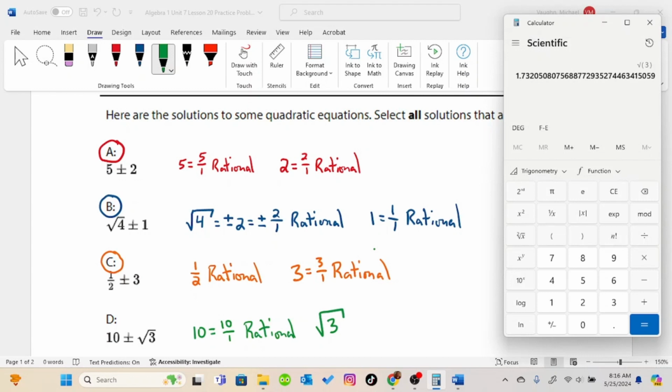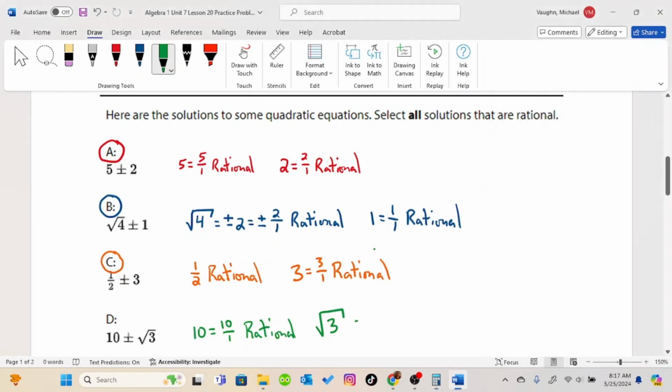So this cannot be written as a whole number fraction, so this is an irrational number. If I try to add or subtract a rational and an irrational number, I'm going to get an irrational number. So D cannot be correct.